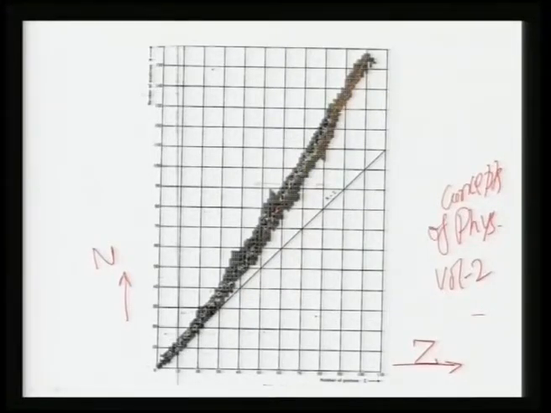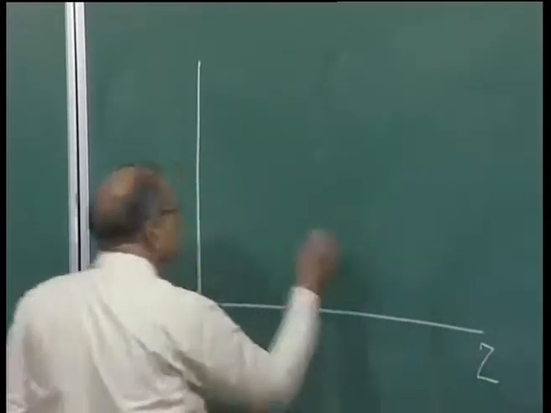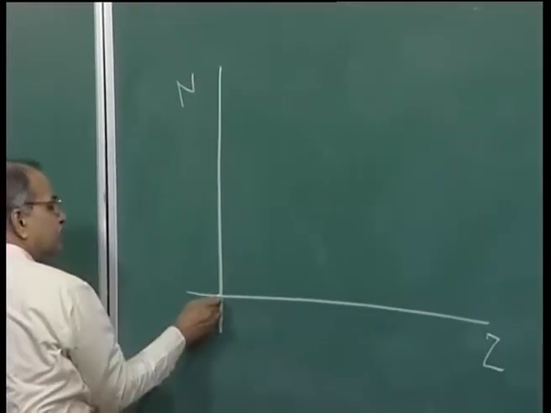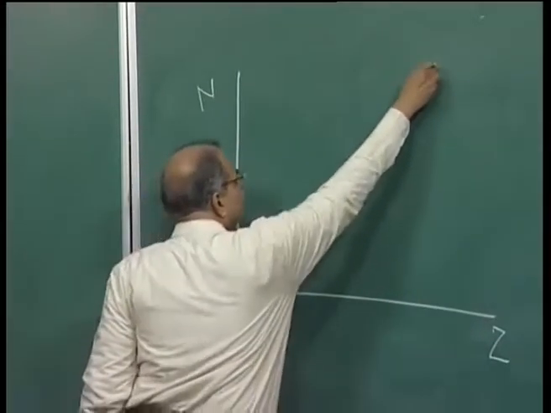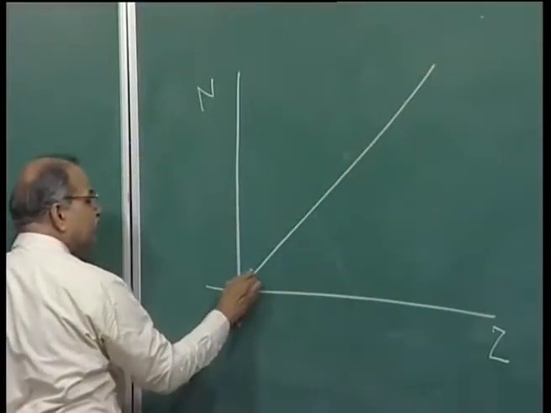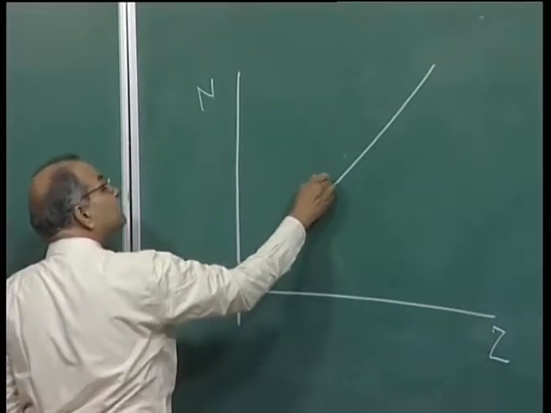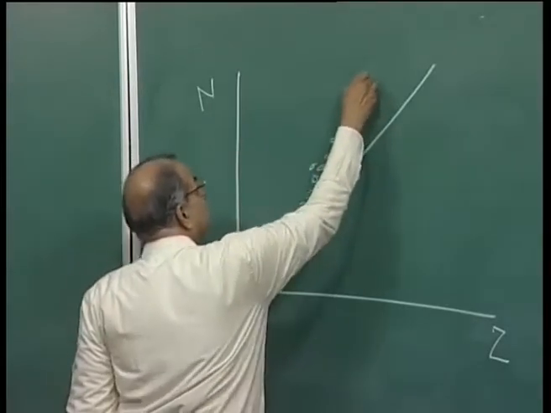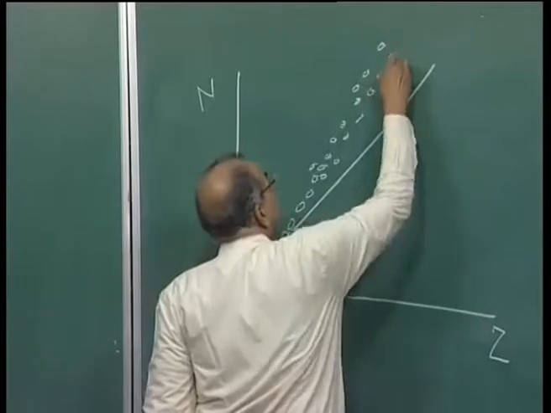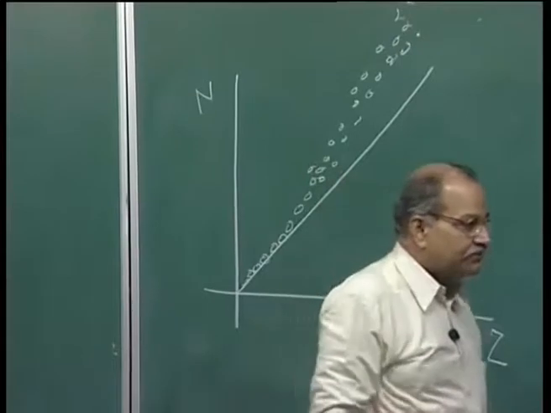Okay. Let me show it on the board. In any textbook you will find it. If you have Z on this side and N on this side, and this is the line bisecting the x axis and y axis, 45 degrees. So, what happens? You have stable nuclei distributed somewhere like this. Something of this sort. Okay.